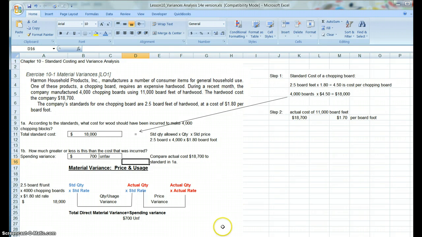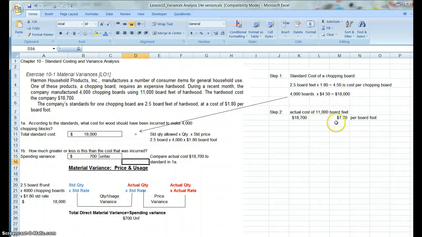What we want to do is calculate what should have been spent for the actual quantities that we used. And we want to break that spending variance into its two components: did we pay too much for the boards, or did we use too much material in making our chopping boards?